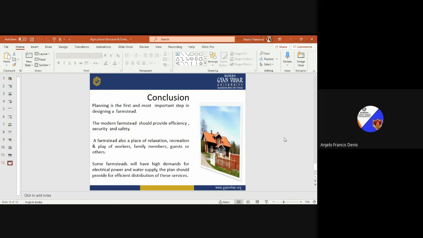So a farmstead is not only a place for agricultural activities, but also a place for relaxation, for recreation, to play, then for family members, guests and other activities. So if our farmstead or farm is for such kind of activities, a huge amount of energy will be required.